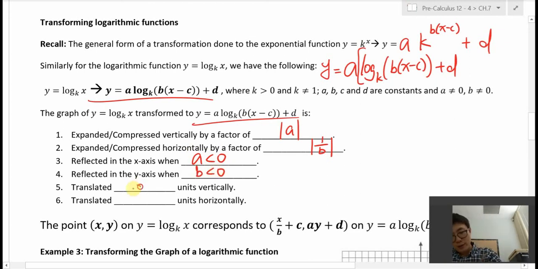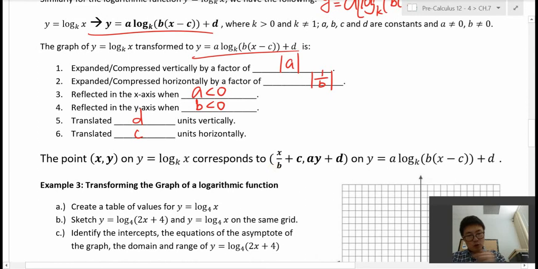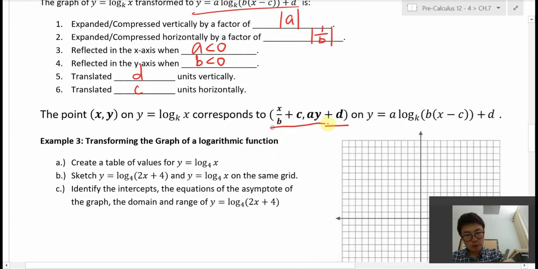We would have translation of d units vertically and c units horizontally. So if it was x minus 5, it's 5 units to the right. X plus 5 means 5 units to the left. Okay, so again, this should be quite familiar for you to see. So x comma y becomes x over b plus c, and the y coordinate becomes ay plus d.